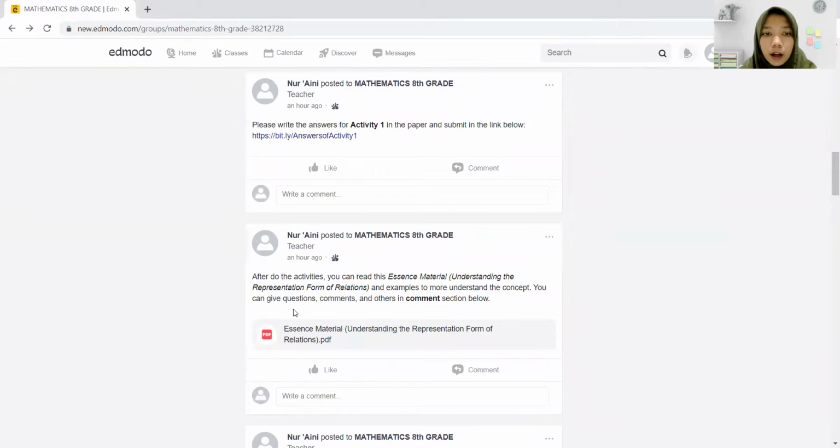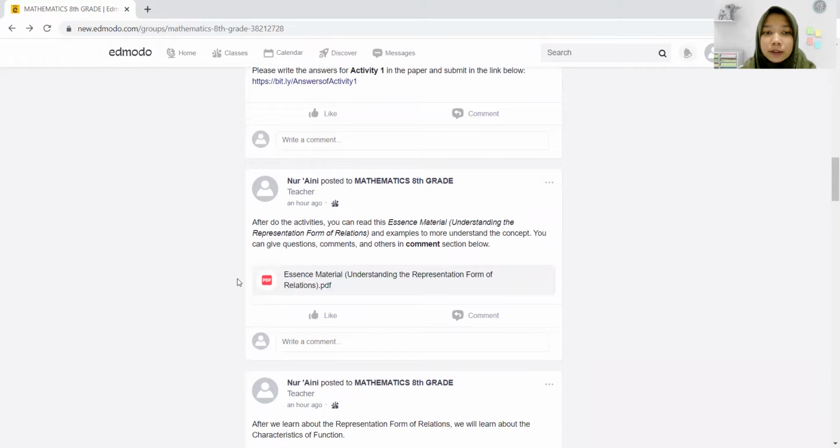Then, after do the activities, you can read this essence material, understanding the representation form of relations and examples to more understand the concept. You can give questions, comments, and others in comment section below. So I provide the essence material.